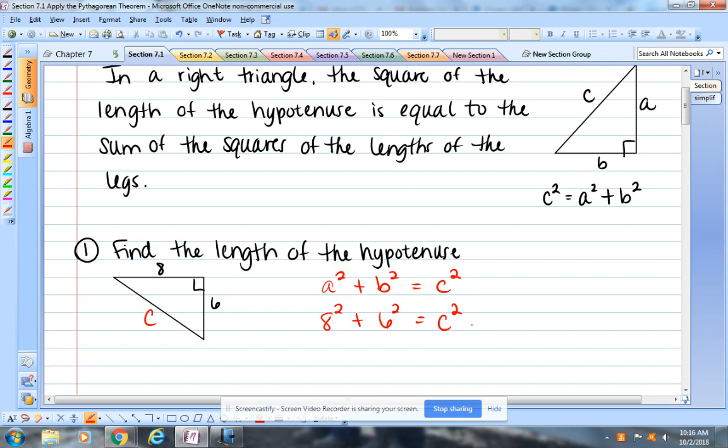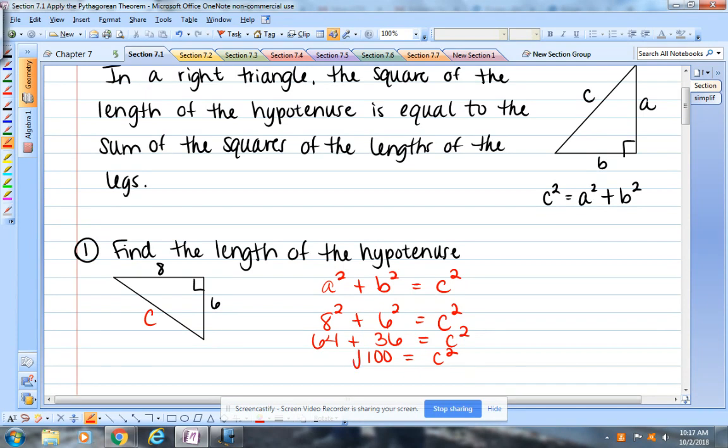What is 8 squared? 64. Plus what is 6 squared? 36. Equals C squared. And then I add those. What is 64 plus 36? 100. Does that equal the hypotenuse? No. That's the square of the hypotenuse, right? So how do I get just the hypotenuse?